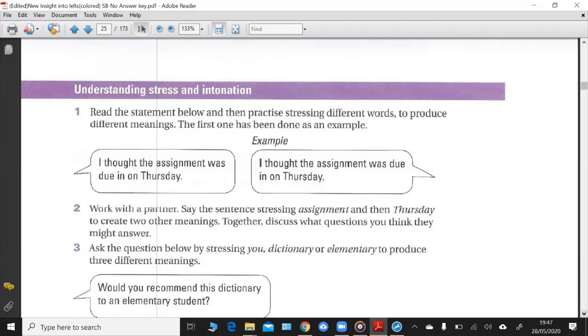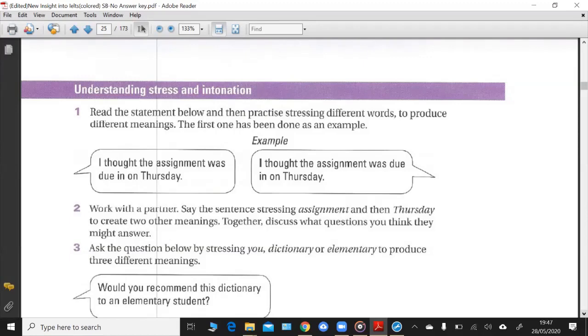Okay, so if you notice, the first one is a kind of raising question: is Thursday the day of the exam? And the second one is asking like, which day is the assignment due? I mean, he's not sure. So this is how, when you raise a question or change the intonation patterns, the meanings of the sentences also change.